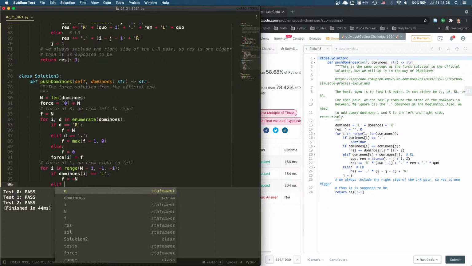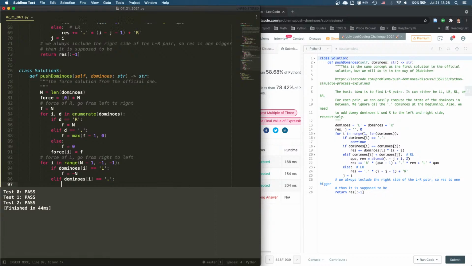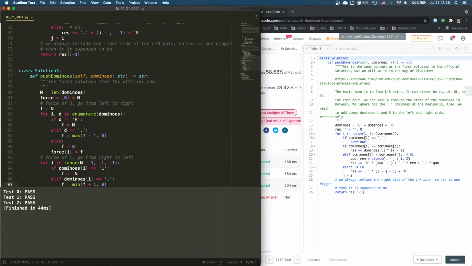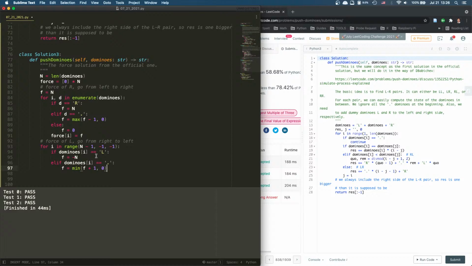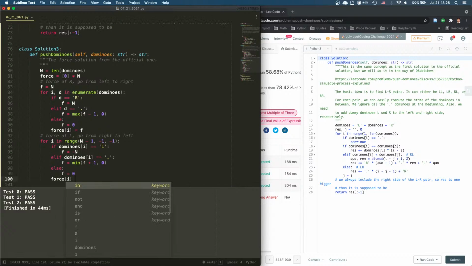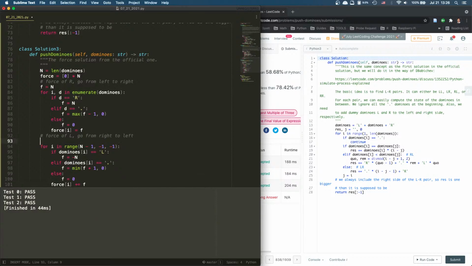Else if dominoes I is equal to dot, then F equals minimum of F plus 1 and 0. If it's 0, we always stay 0. If it's not, we're going to take this. Else F equals 0. And then force I plus equal to F. Actually, we need to initialize F here as well.